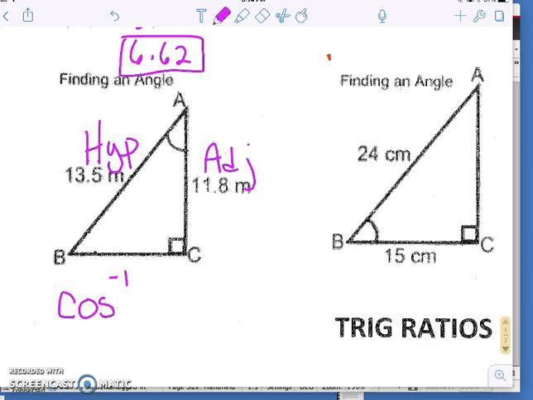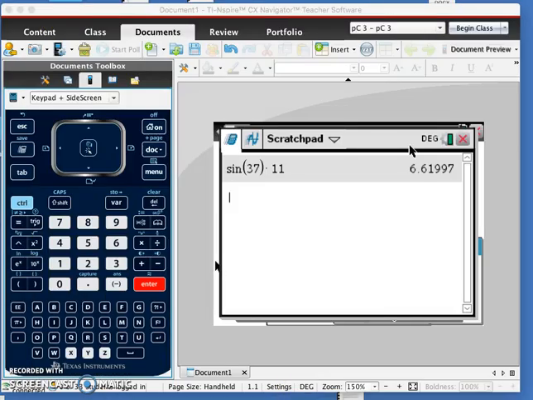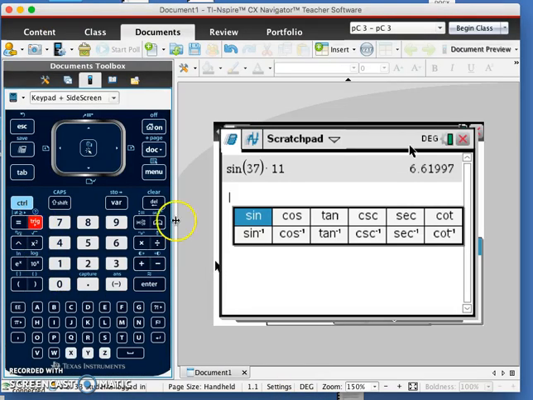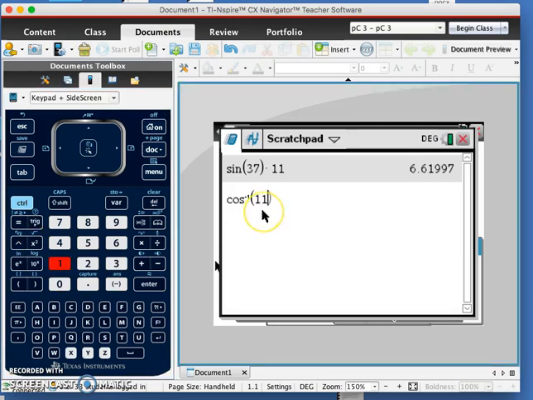So cosine negative 1 of 11.8 over 13.5. So using that inverse key will give us the angle. So we can go back to the calculator here, and trig, you'll notice it's right underneath the cosine. And we can type in 11.8 divided by 13.5, and we have 29.06.